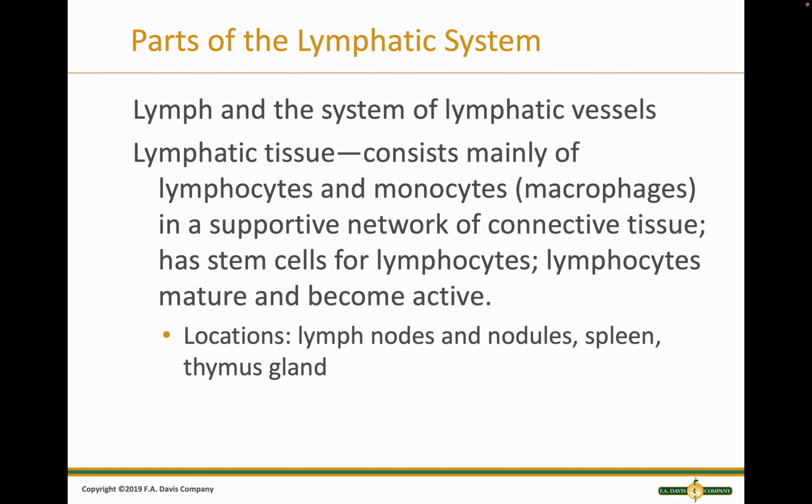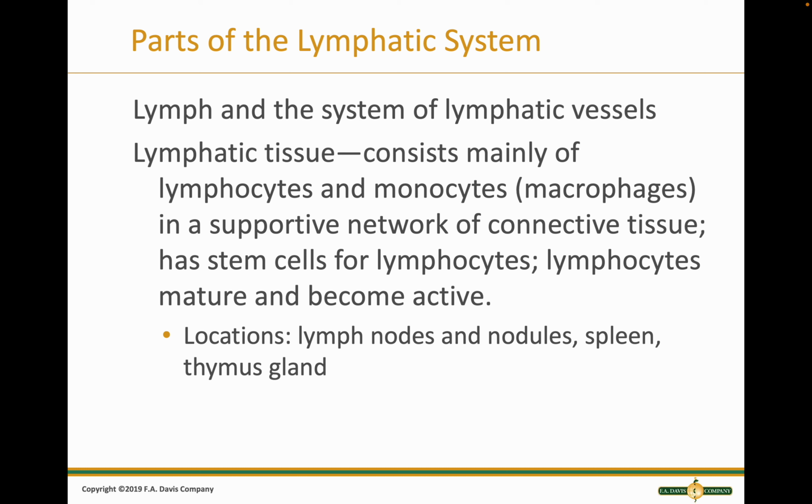There are many parts of the lymphatic system. It goes throughout your body, but we break it down into a few main segments. The lymphatic tissue consists mainly of lymphocytes, so that would be your T cells and your B cells, and then monocytes, which for our purposes we can consider the same as macrophages.